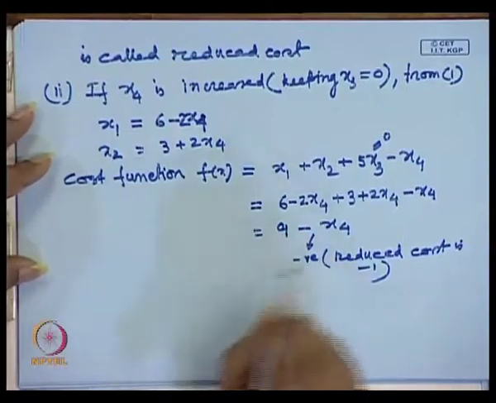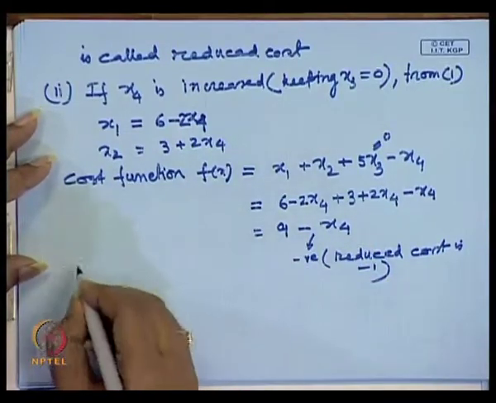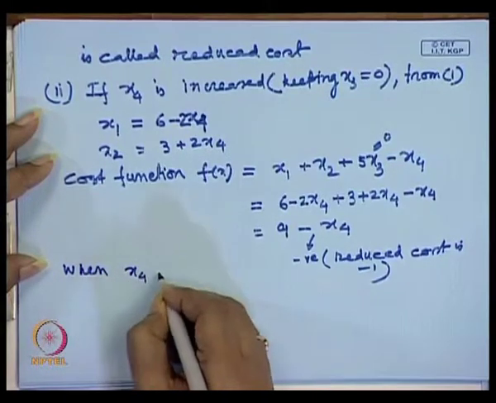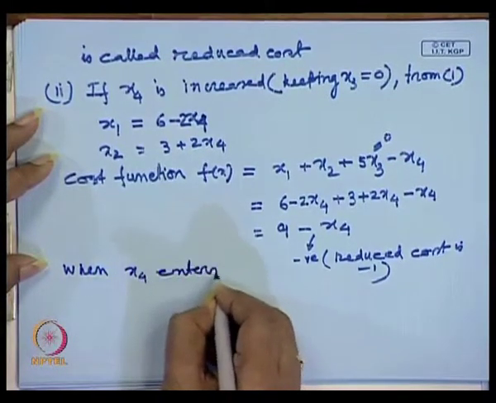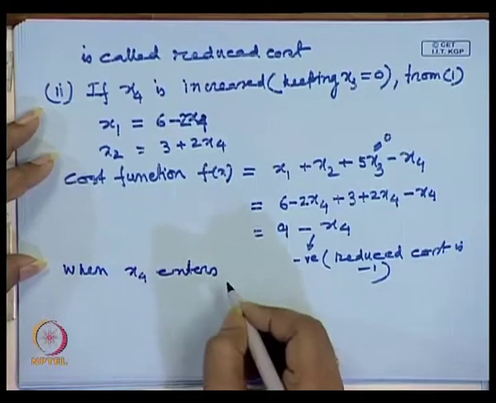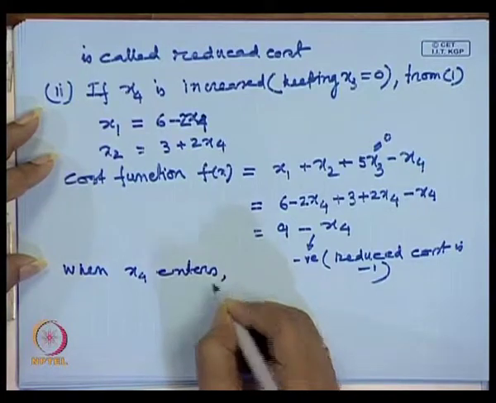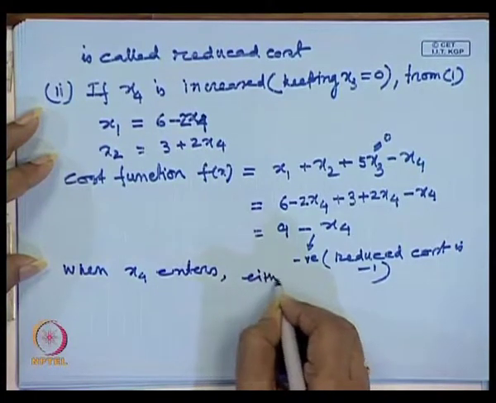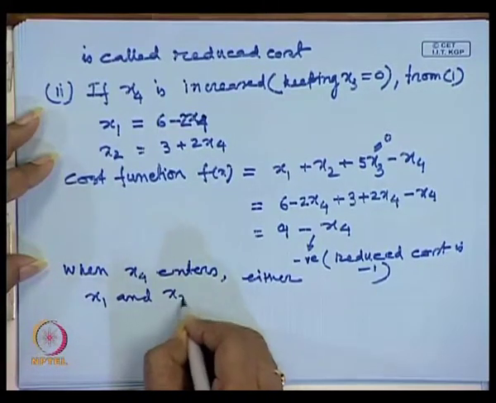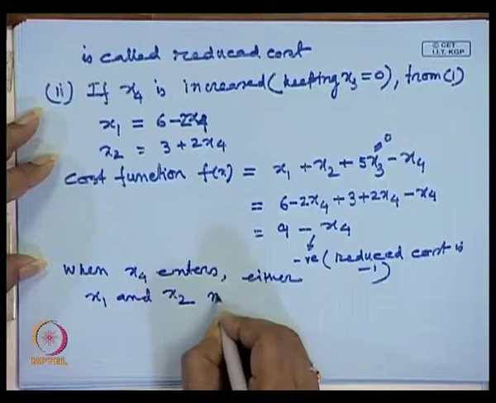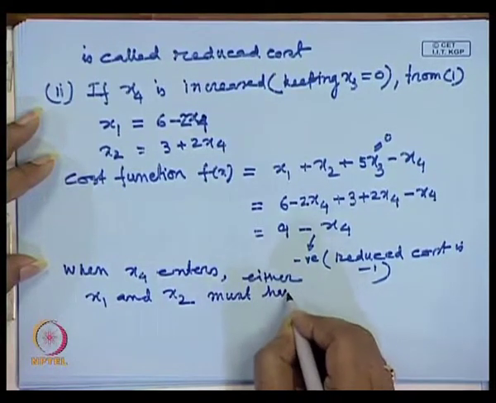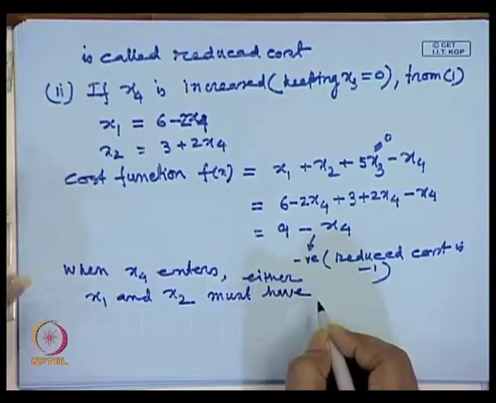So, when x4 enters, either x1 or x2 must have zero value.